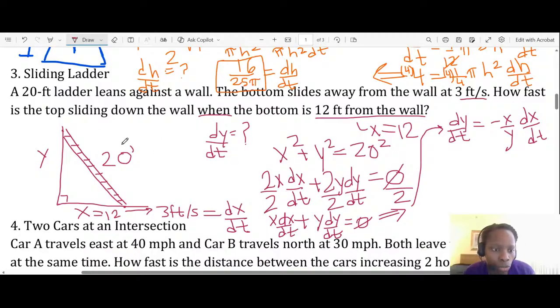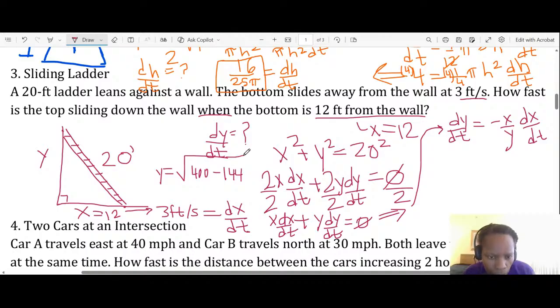And if x equals 12 and the ladder is 20, what would y be in this case? So we can do our Pythagorean theorem. We're going to say y is equal to the square root of 400 minus 144.